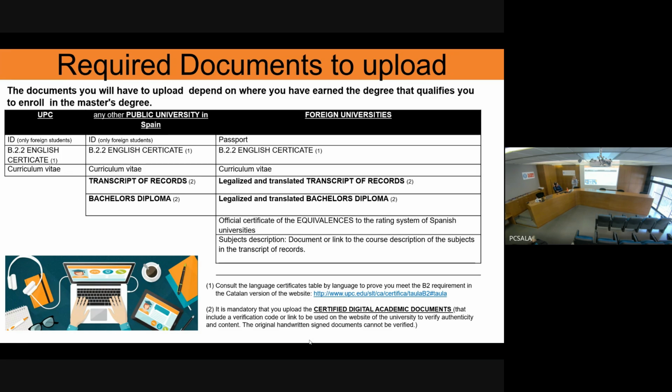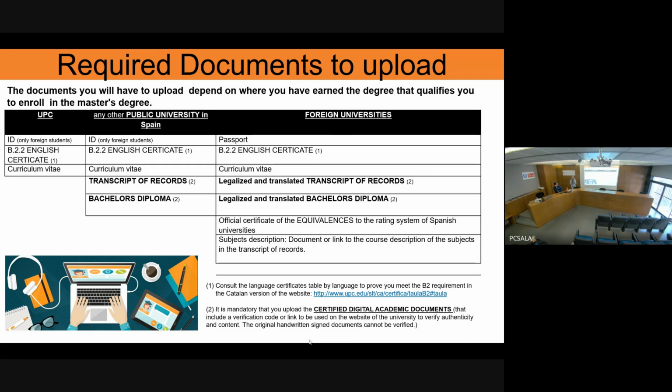If you are from another public university of Spain, of course, then we need to know about your academic details. So you need to upload the transcript of records and the bachelor diploma. Of course, we understand that most of you will still be finishing the bachelor degree while doing the pre-enrollment, so you cannot send us the diploma.